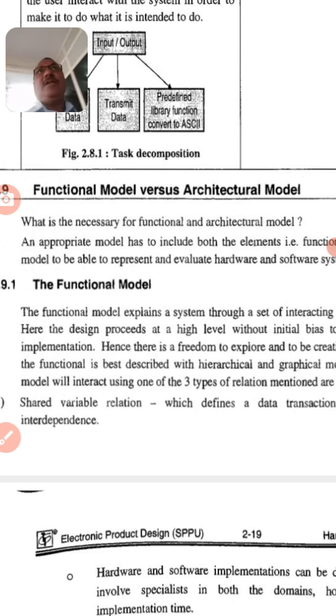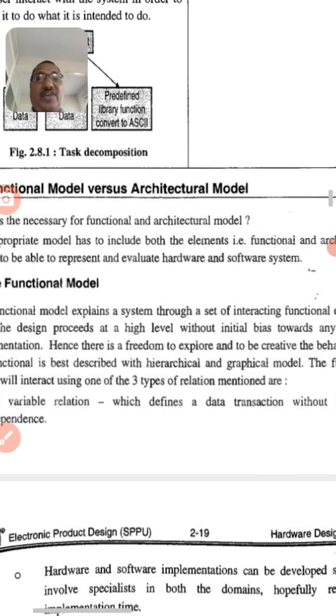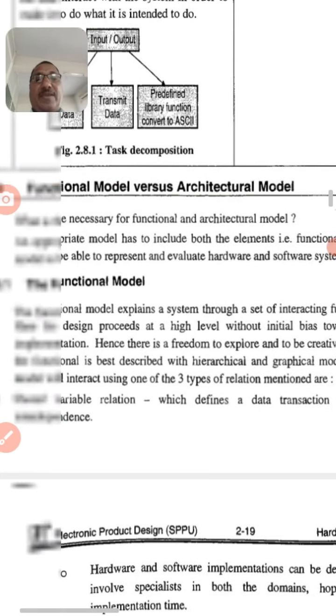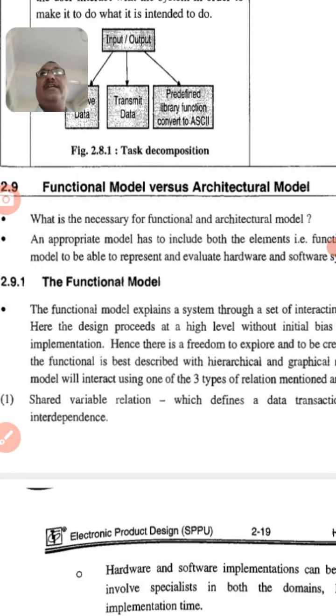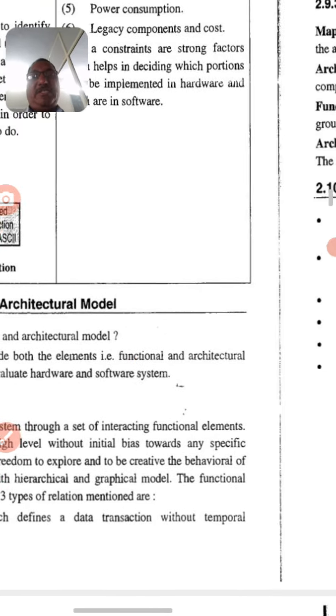That means for a variable, suppose a delay of 10 microseconds, it should be shared at all places in the software. So shared variable relations define a data transaction without temporal interdependence. That means it should be shared with everybody. Data transmission can be done using sharing of variables.